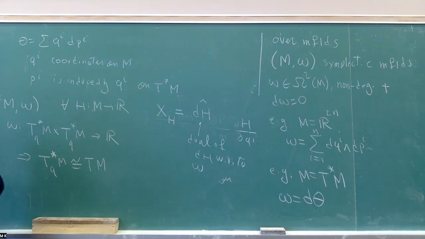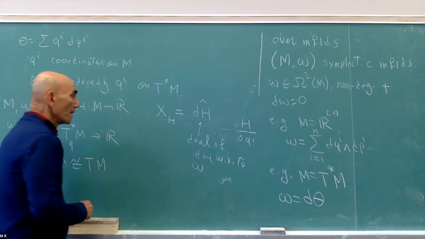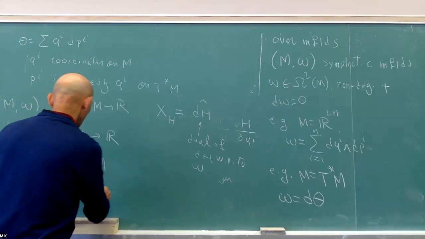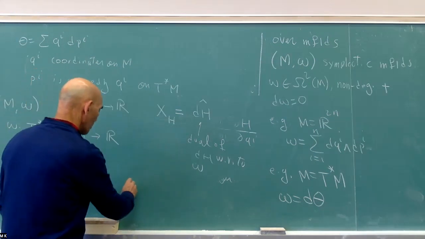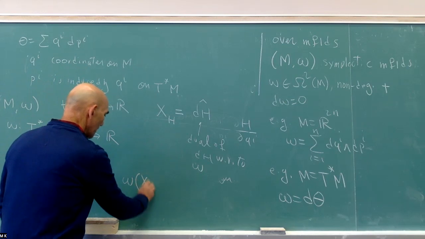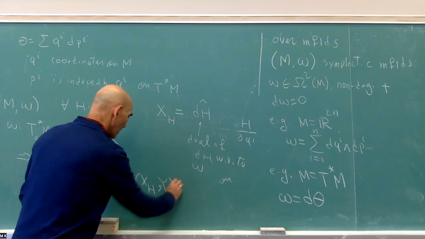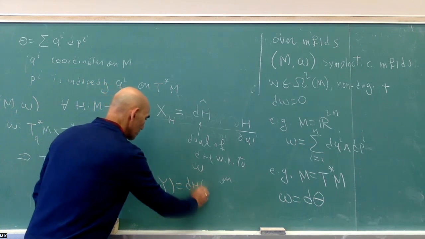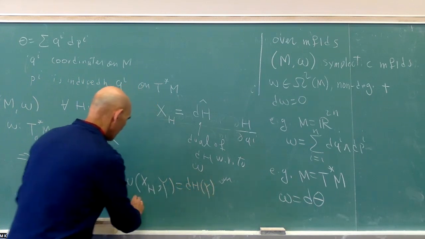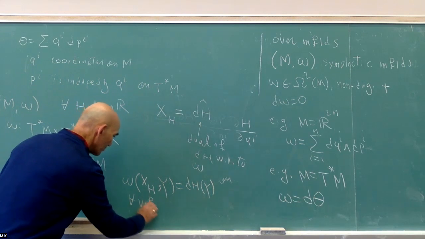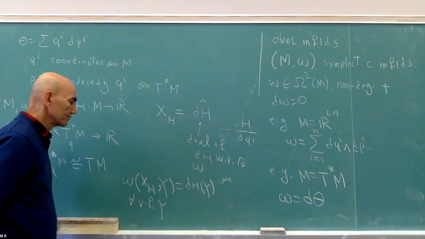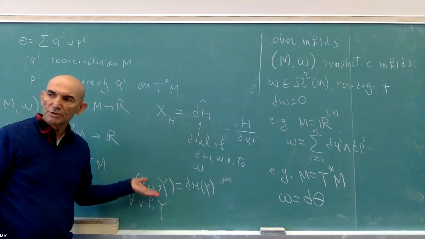Let me give another definition, something completely related. What is the property that we want? It has this property: omega of X_h and any vector field Y is equal to dh applied to Y, for any vector field Y. This also defines it uniquely by duality.